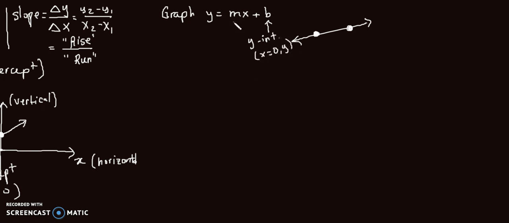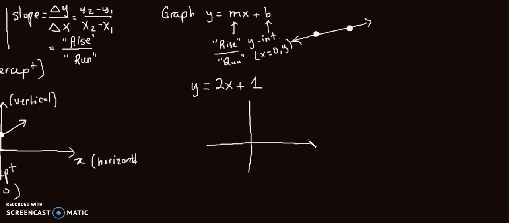And then for the slope, we will use the concept of rise over run, the definition of slope, to find the second point. Specifically, if I have y equals 2x plus 1, I'll graph it.